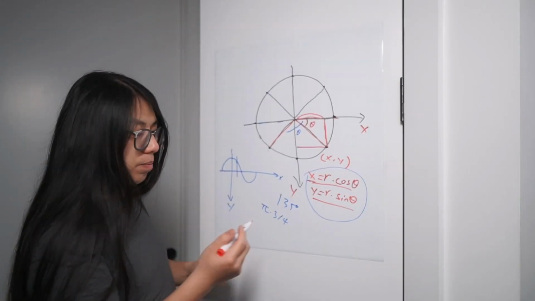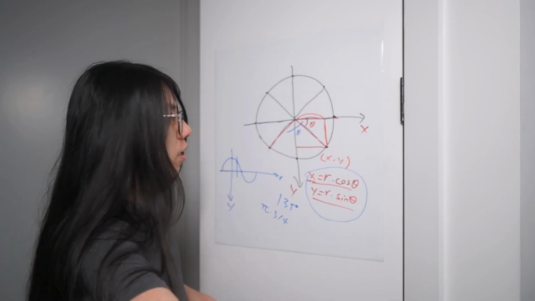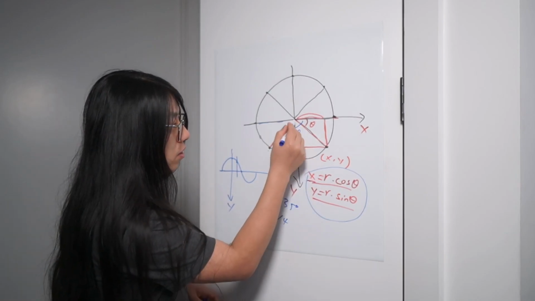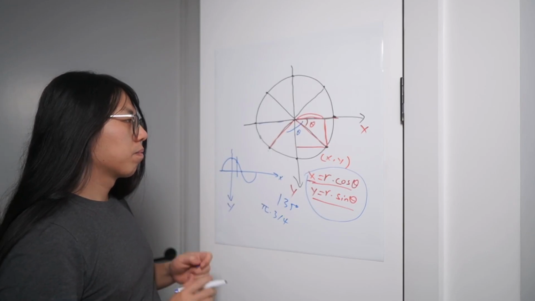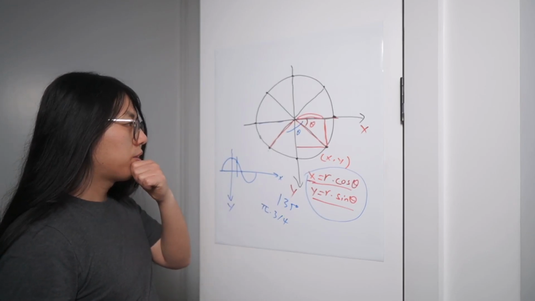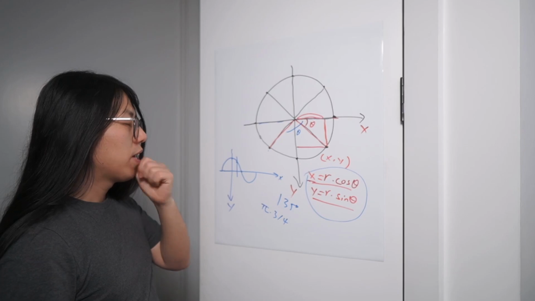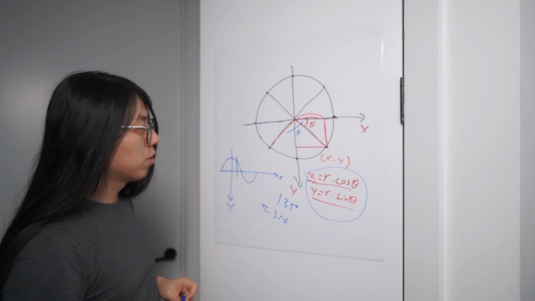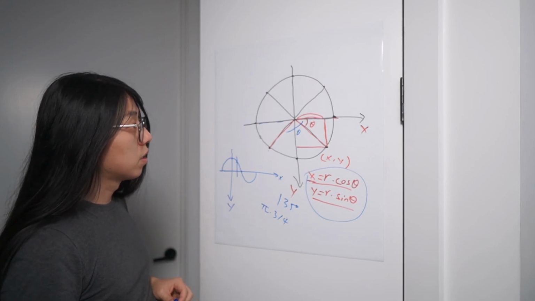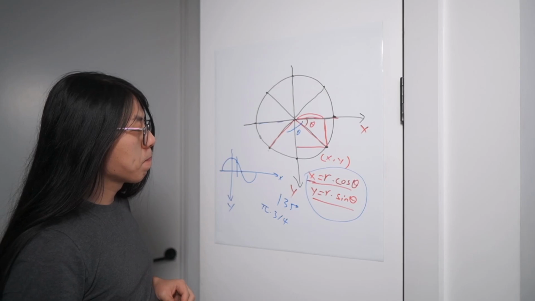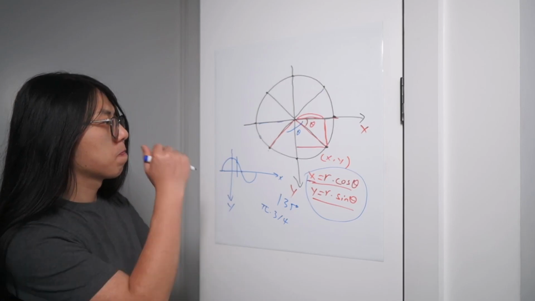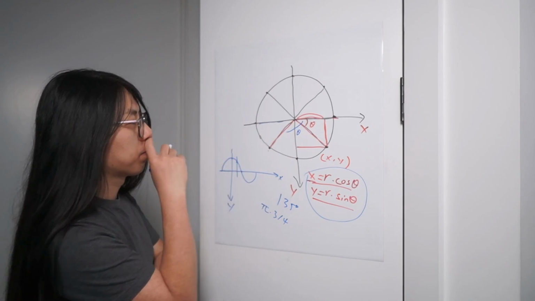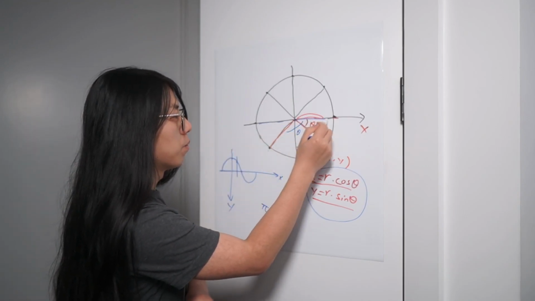becomes width and height is that this r here, width and height, that is actually also a little bit difficult to explain. This is the width.